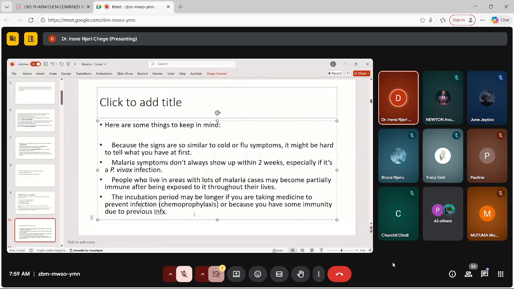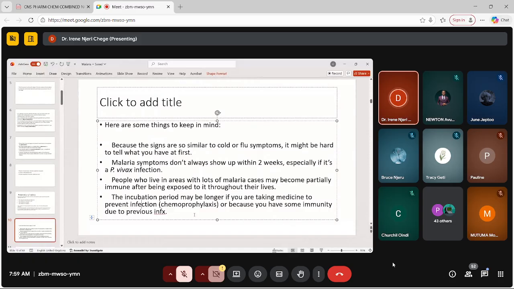So what are the signs and symptoms? They are many. Shaking, high fever, which I told you is caused by the erythrocytic schizogony, and it's different in the different Plasmodium species which we've looked at.